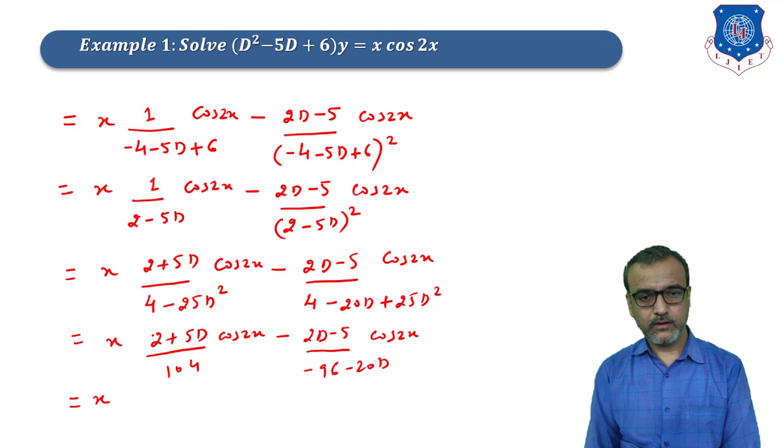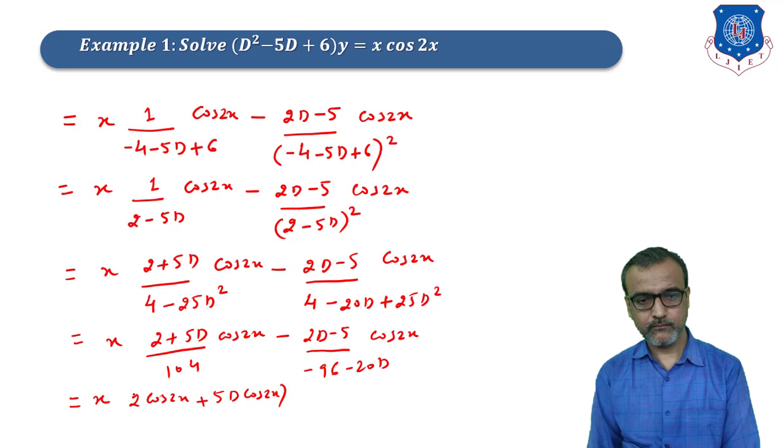Applying this operator on cos 2x, so we have 2 cos 2x plus 5d of cos 2x divided by 104.